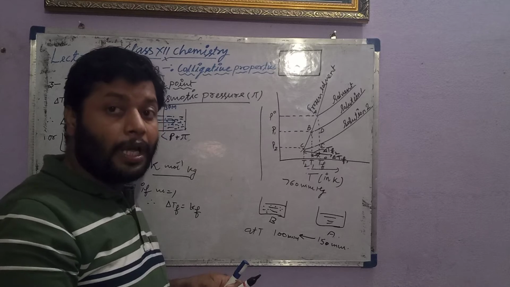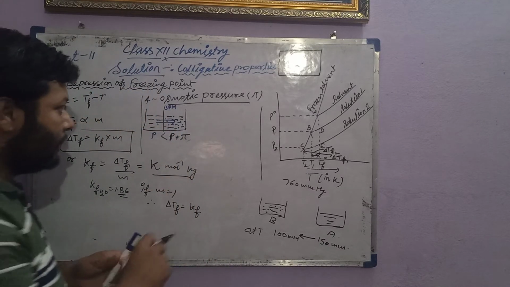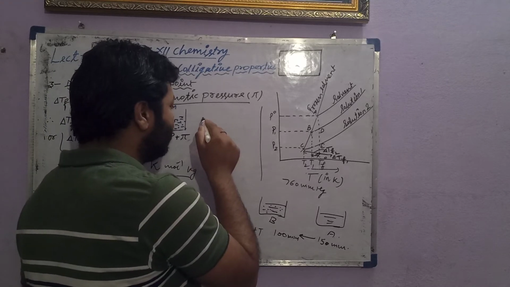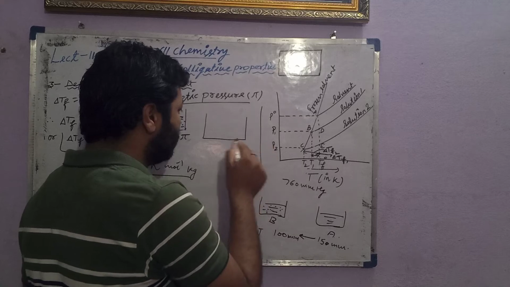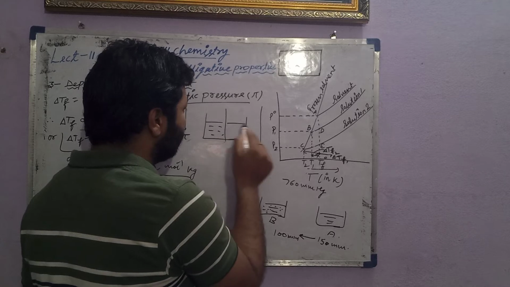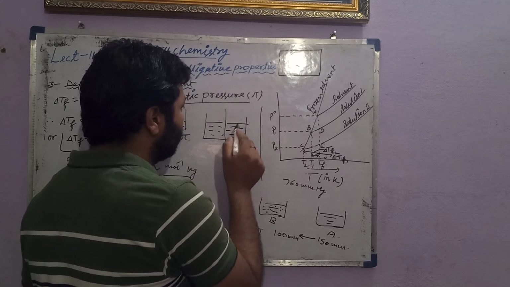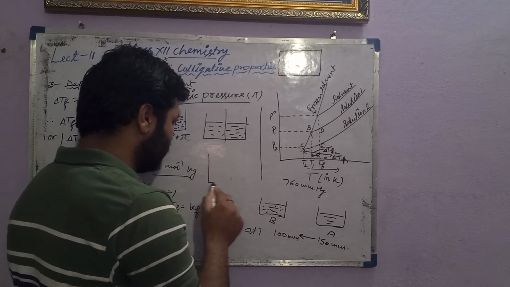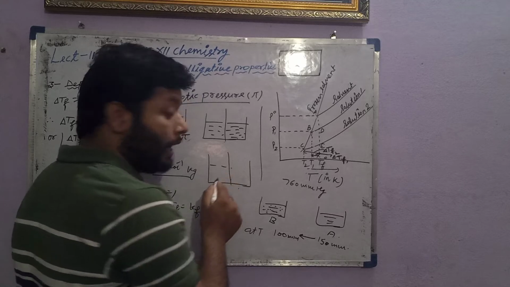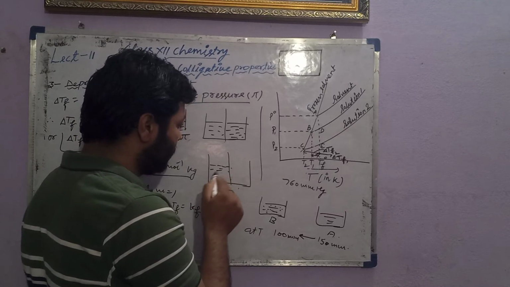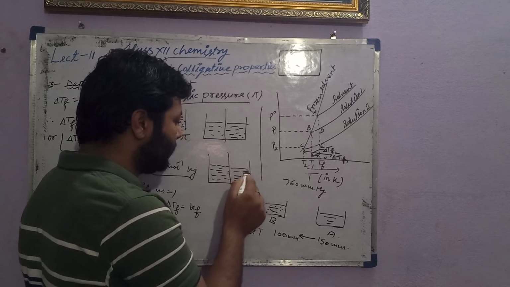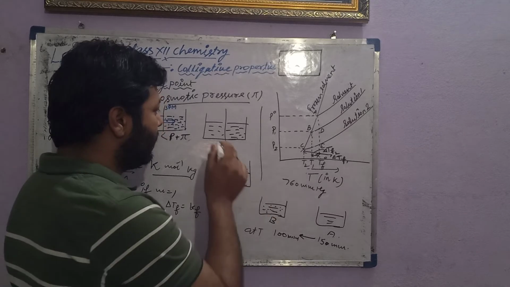On the basis of osmotic pressure, liquid solutions are classified into three categories: isotonic, hypertonic, and hypotonic.